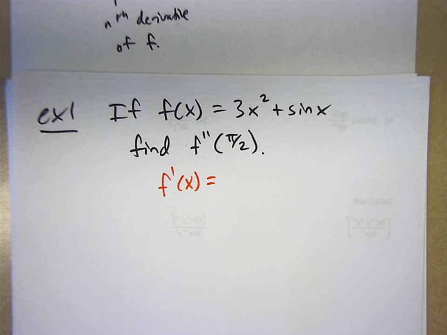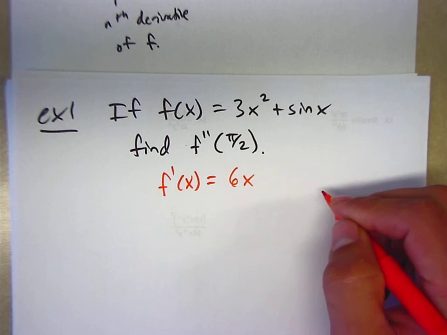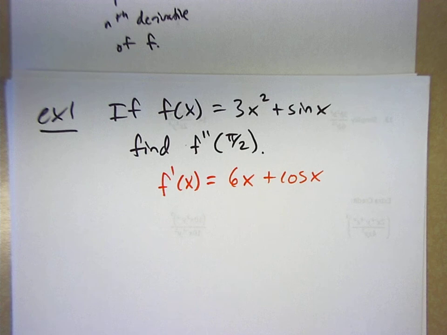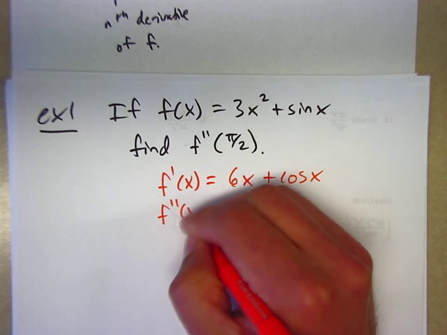So f prime, let's see, who can tell me what f prime is going to look like? Go ahead. Brandon. Okay, so it'd be 6x plus cosine of x. Good. And now someone besides Brandon, what would f double prime of x be?